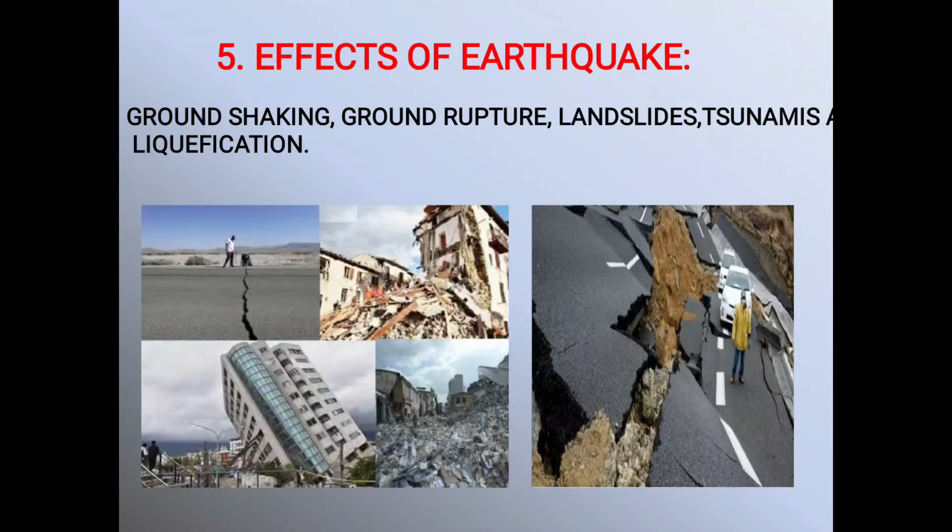Next is number three. Due to uplift or subsidence of a small area, some wells may become dry while the other may get more water. Because of this upliftment or faulting, or displacement of the rocks in these areas, the wells which have had water since long ago, that water may disappear, and the wells which were dry since long ago, water can be found in these wells.